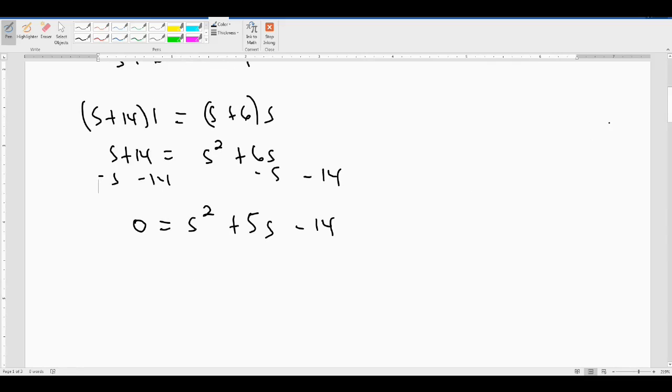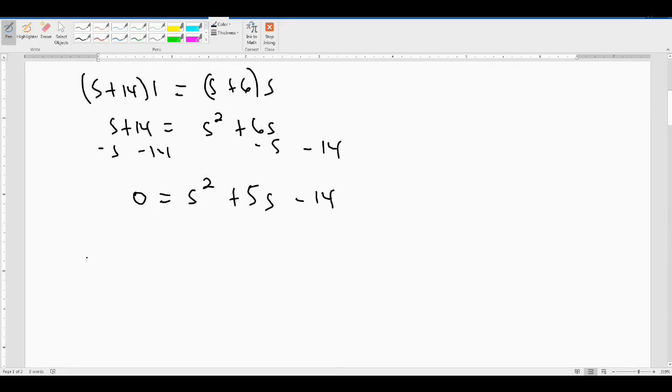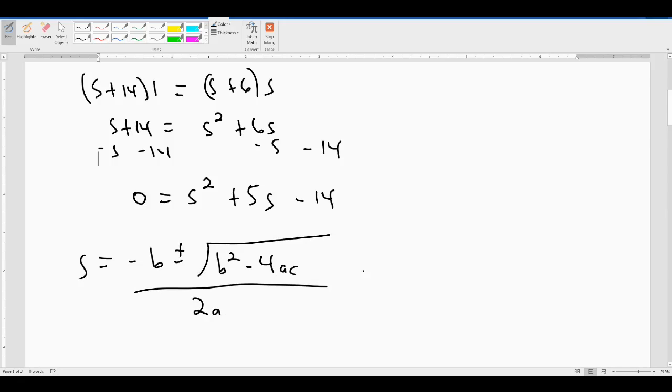I'm just going to use the quadratic formula in this example, which is x equals, it's actually not going to be x in this problem, it's actually going to be s. Negative b plus or minus square root of b squared minus 4ac all over 2a.